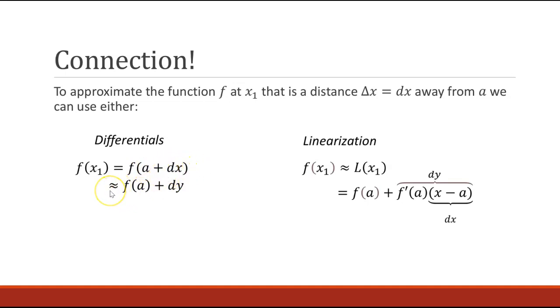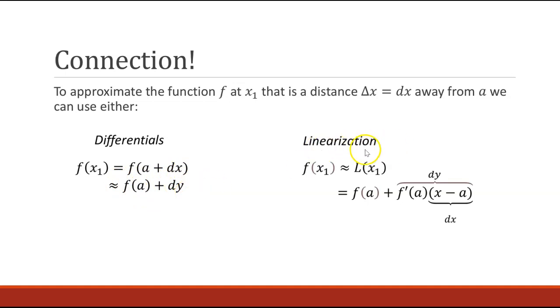Well, that's going to approximately be f of a, so the output at the point of tangency, plus dy, the approximate change in y. So we can approximate a function's value if we calculate the differential dy and then just add the output of the point of tangency, f of a, plus that small change in y.